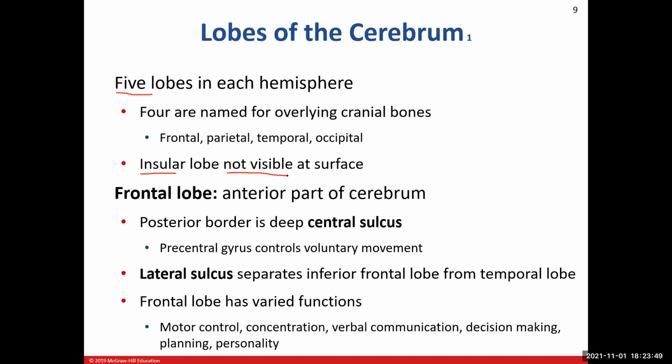All right, so let's start off with the frontal lobe. Let's talk about the actual boundaries to the frontal lobe. So the frontal lobe is going to be in the anterior portion of the brain, and it is going to travel all the way back to the parietal lobe. What divides the parietal lobe from the frontal lobe is that central sulcus.